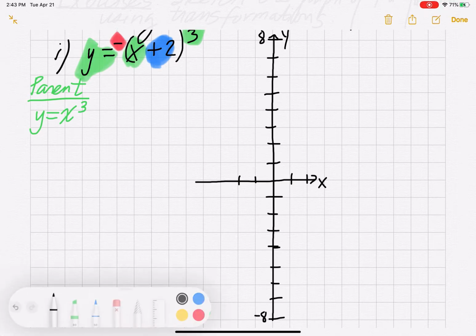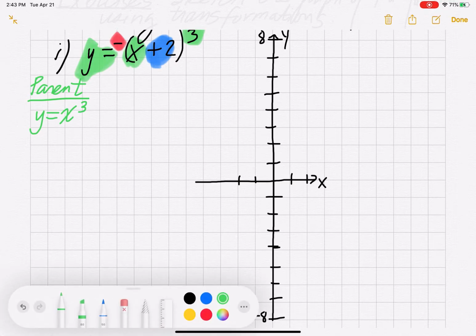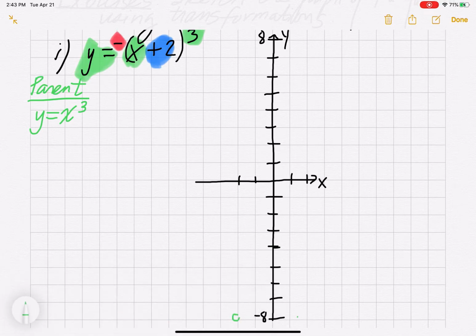All right, so how are we? Well, negative 2, negative 8 is a key point, right there. Negative 1, negative 1 is a key point. 0, 0 is a key point. 1, 1 is a key point. 2, 8 is a key point. And you got what? Arnold Schwarzenegger with one arm. The center is his body, and one arm is going up in the air.